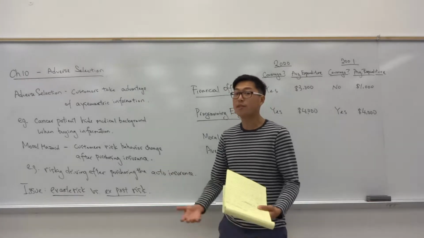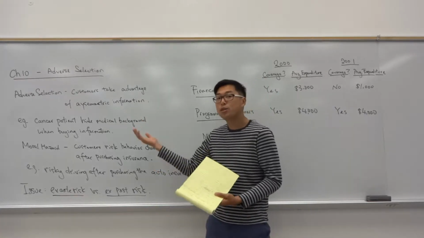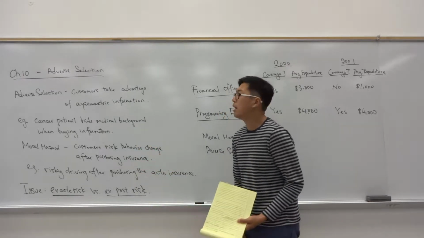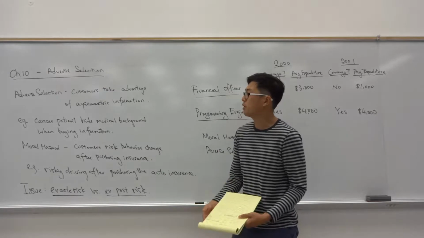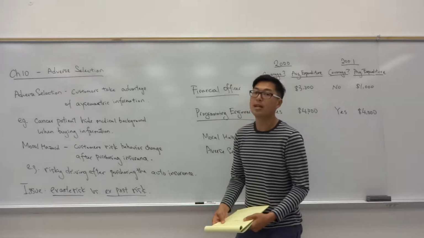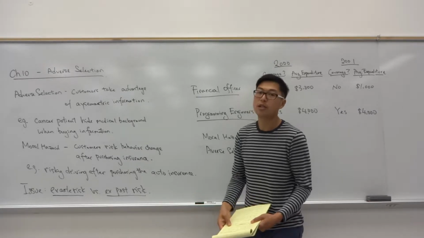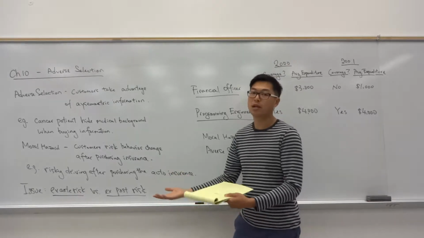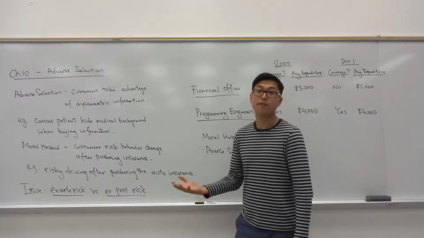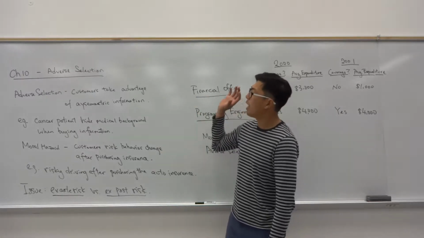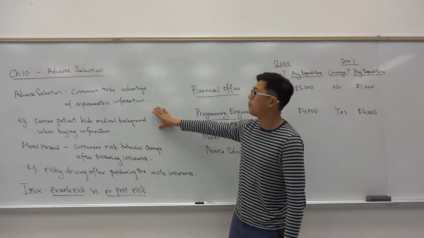Given that this person can lie to the insurer and the insurer will have no way to prove it, the persons who have cancer will always lie to the insurance company to get the coverage, so that later they can get treatment from the coverage with just a very small amount of premium payments. So this is one way adverse selection works in the market.